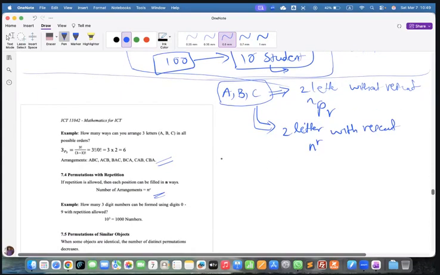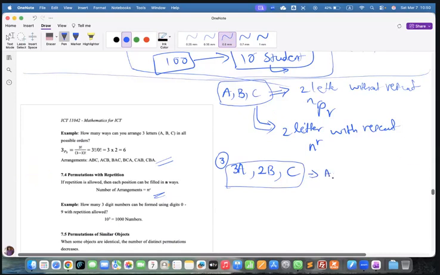Now the third scenario, try to understand it. Let's say you have three A's, two B's, and one C. This is also possible, right? Previously you had A, B, C, three letters.